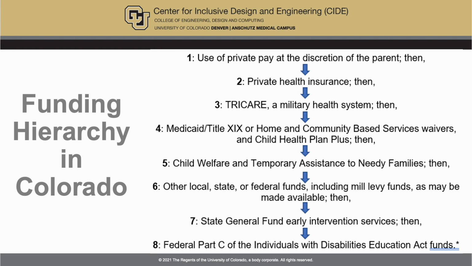In addition, be sure to check with your EI program manager about alternate funding sources before requesting Part C funds. Items purchased with Part C funds typically must be returned to the state once the child turns 3 and is no longer eligible for early intervention. See the link in the video description for more information on the funding hierarchy.